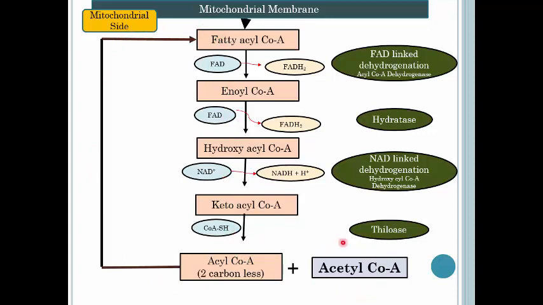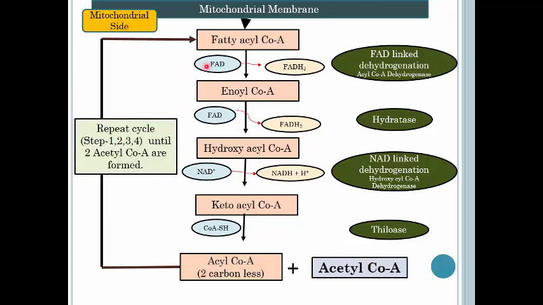Again it forms the second molecule of acetyl-CoA and one molecule of acyl-CoA, which is again 2 carbons less. Again it will enter into the series of reactions and form acetyl-CoA until the complete fatty acid molecule is oxidized. So steps 1, 2, 3 and 4 are repeated until the whole fatty acid molecule is oxidized.